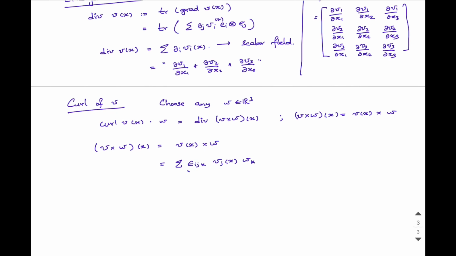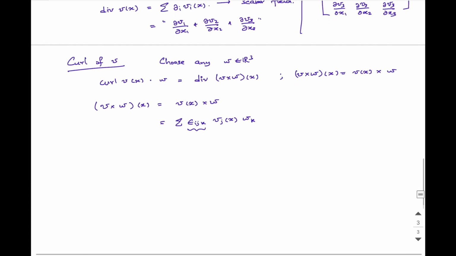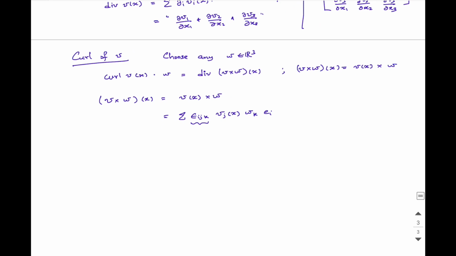Remember that epsilon ijk is the alternating symbol, which is 1 if ijk is an even permutation of 1, 2, 3, minus 1 if it's an odd permutation, and it is 0 if any two indices repeat. That's the definition. This is the standard expression for the vector field, and of course I should add an ei here because it's a vector field, and so you should mention the basis vectors also.